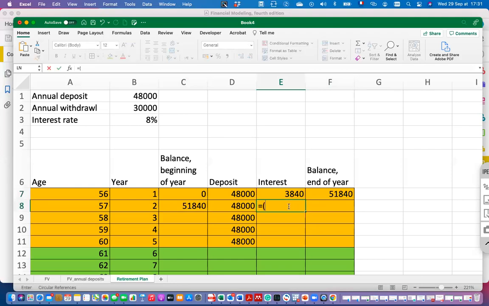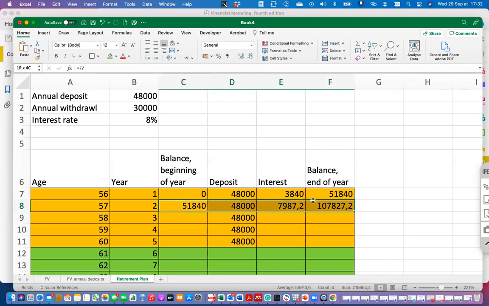And same thing for the interest, balance at the beginning plus the annual deposit times the interest. Don't forget the dollar sign. And finally, the balance at the end, beginning, plus deposit, plus interest.